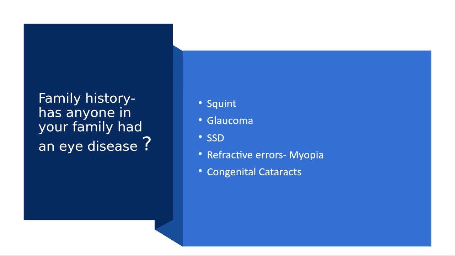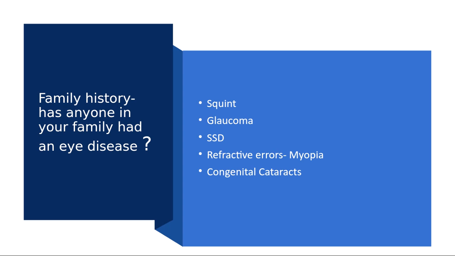What they usually tell you is that my grandmother went blind, and my aunt is blind, and I have a cousin who is blind. Okay? So you try to elicit any family history of eye disease or blindness, because that will sometimes determine how you manage a patient.